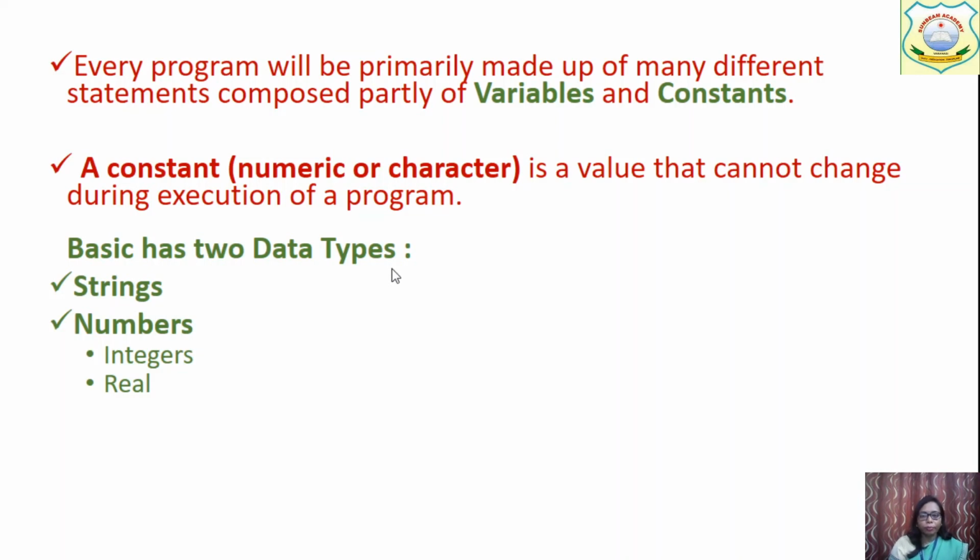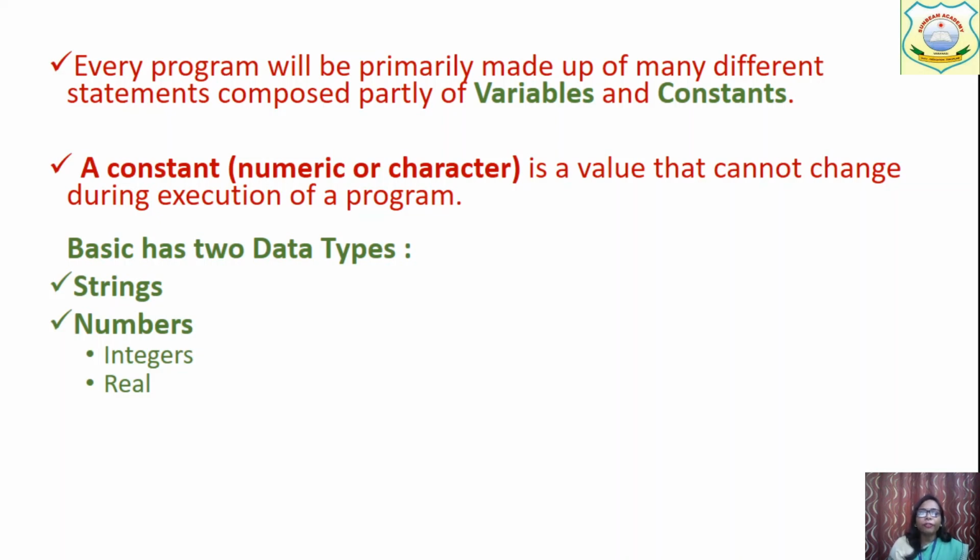Just see, every program is made up of different statements composed partly of variables and constants. Now you know what a program is? Program is a collection of instructions, and in QBasic we call an instruction a command, or we can say a statement.